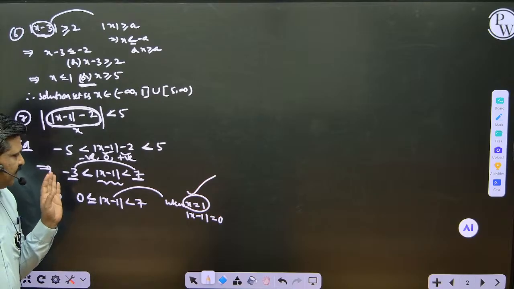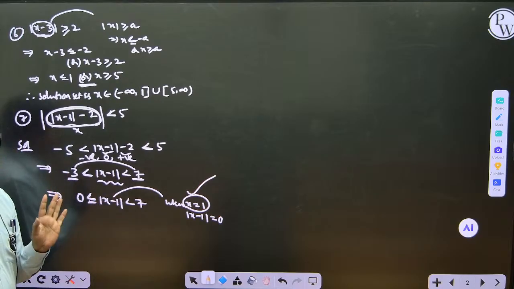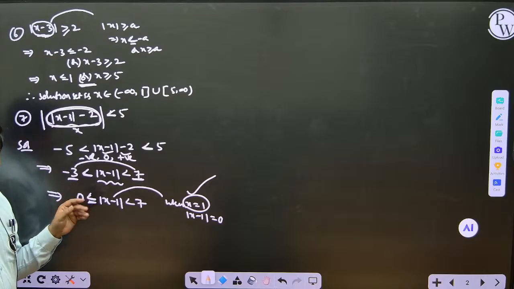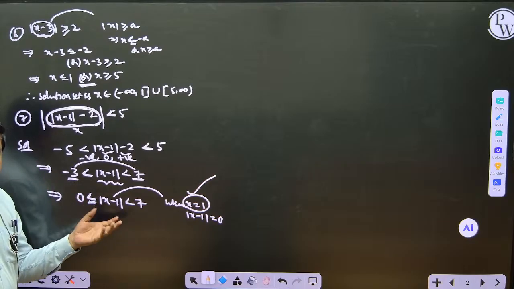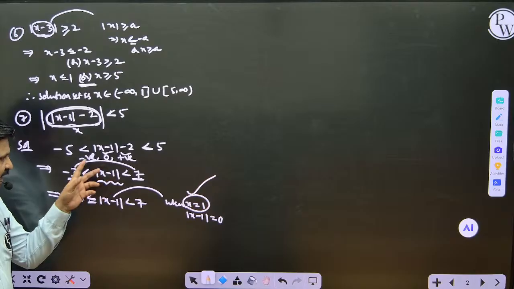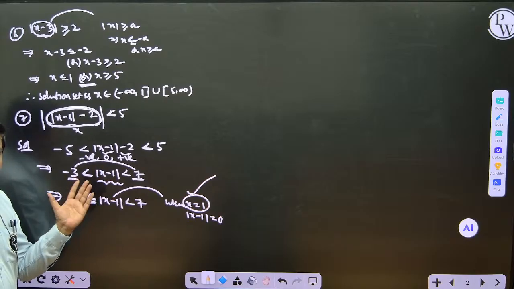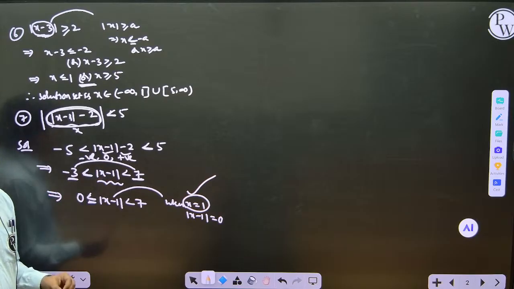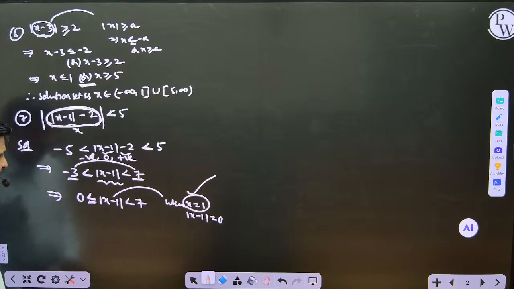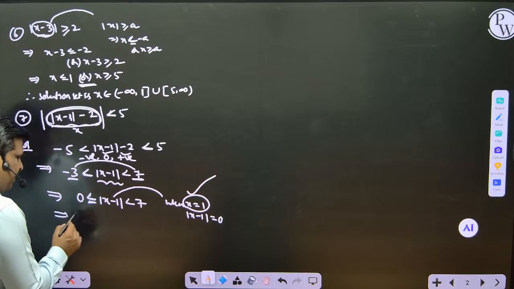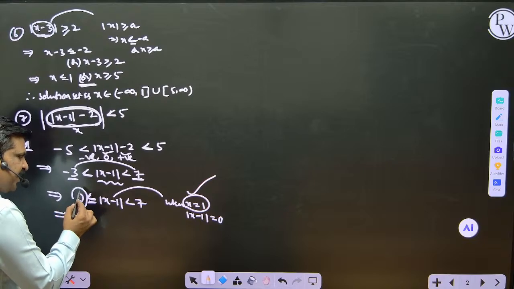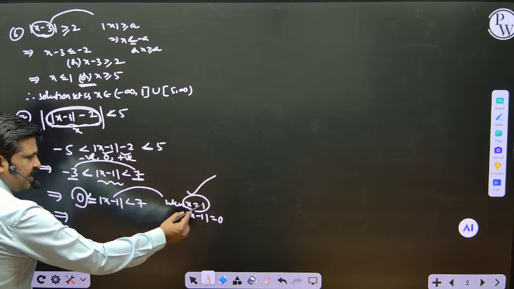By solving we got negative to positive values, but dealing with a modulus function we consider only 0 and positive values. So x is equal to 1 should be included here.